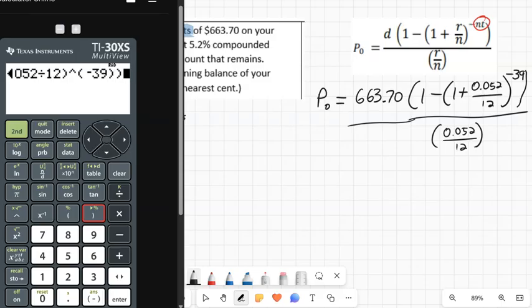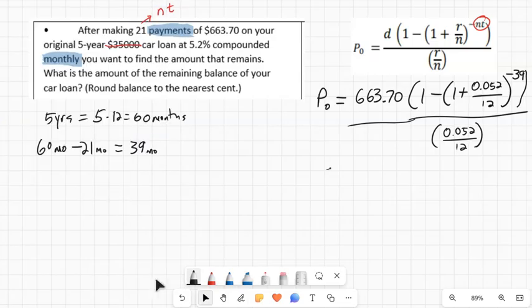Right parenthesis, divide by. The denominator also has an operation, so parenthesis around that as well. And finally, we get that we still owe $23,768.02. So we paid a good amount off of this $35,000 car, but we still have some left over.